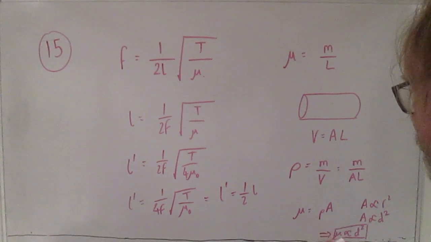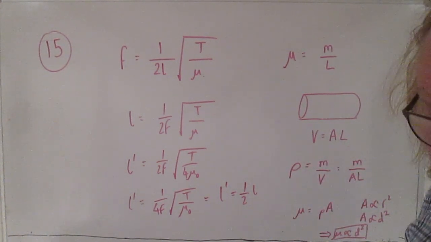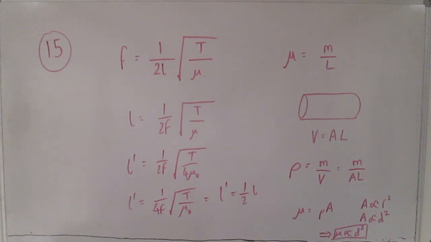So in other words, if the diameter is doubled, then the length has to be halved, and that's what happens in case C. So C is the answer.